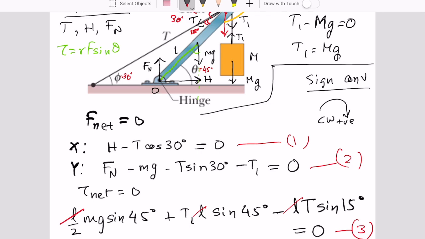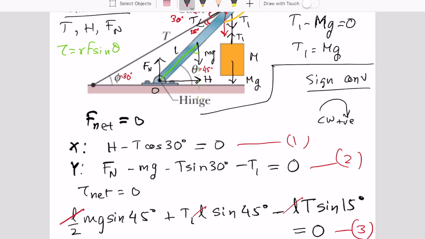For example, if you just look at this last equation that we have here, what is the only unknown? The only unknown is T, right? You have a numerical value for everything else. So you can immediately solve the third equation and get T. Really easy. Once you have T, you can plug that into the first equation and solve for H. And then you can also plug that into the second equation and solve for Fn.